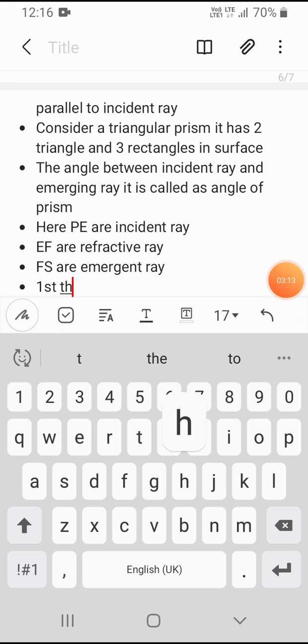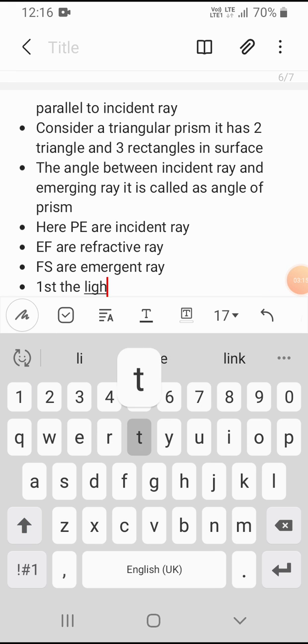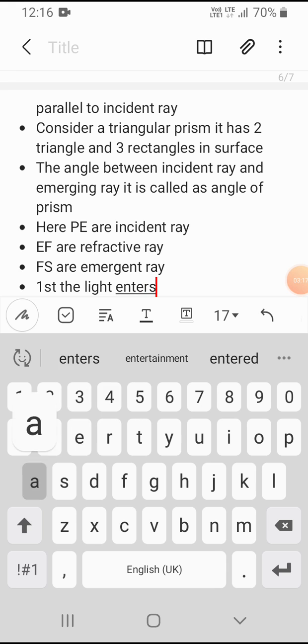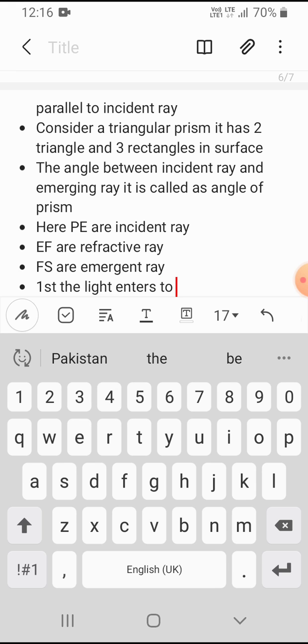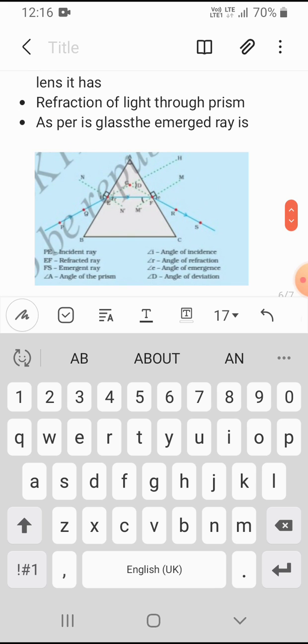The light enters the face AB, the left side, first. The light enters there.